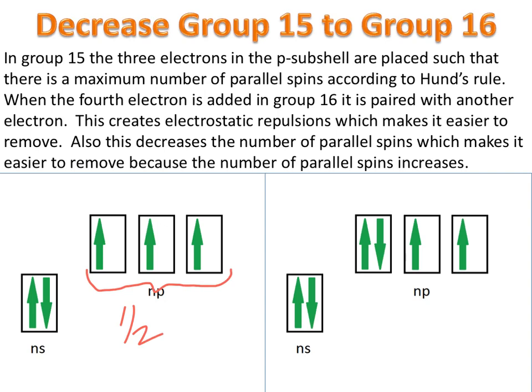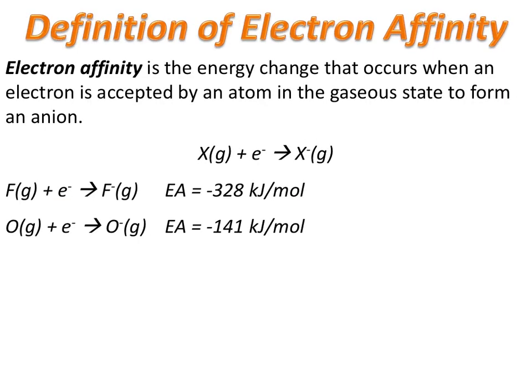It is more difficult to take the electron out of there. Over here in group 16, by removing this electron, we create the half-filled subshell, and then we're also removing the electrostatic repulsion between two electrons that are in the same orbital, which makes it also easier to remove.